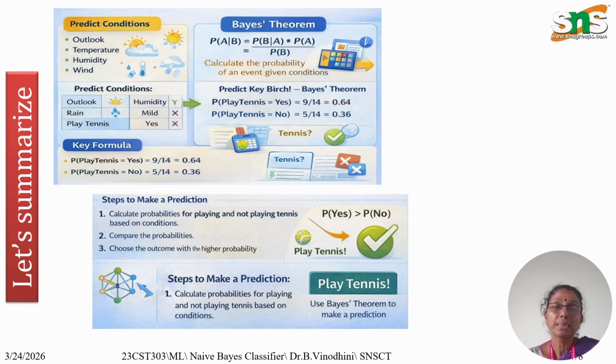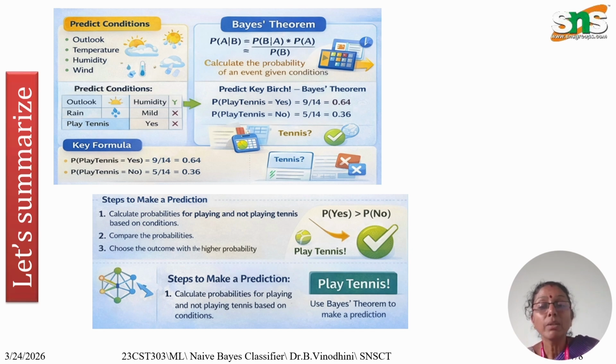Let us summarize what we have done so far. We find the classification based on the Bayes theorem. First, we take the conditions of outlook, temperature, humidity, and wind. Then we calculate the probability of playing tennis and not playing tennis based on those conditions, compare the probabilities, and choose the outcome with the highest probability.